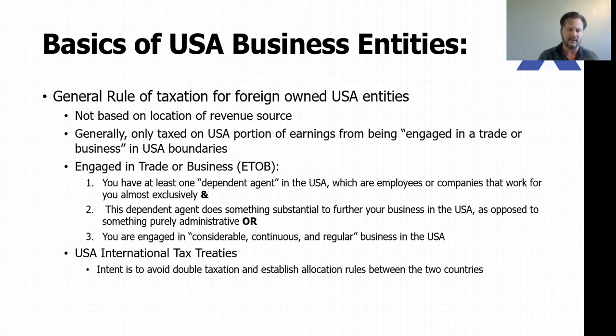The general intent is to avoid double taxation, meaning if you're paying taxes on revenue and earnings in one country, you won't be double taxed in the other country. And then it's to establish the way you allocate those rules in those two countries. And it can get very complex.